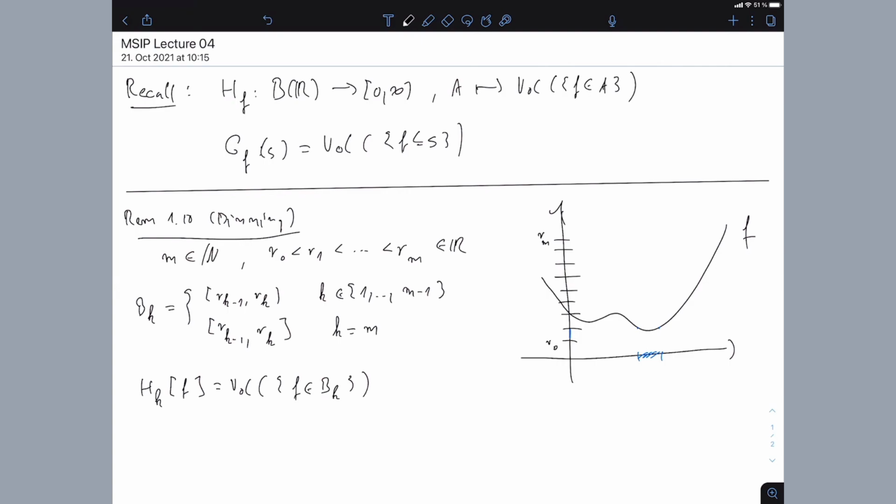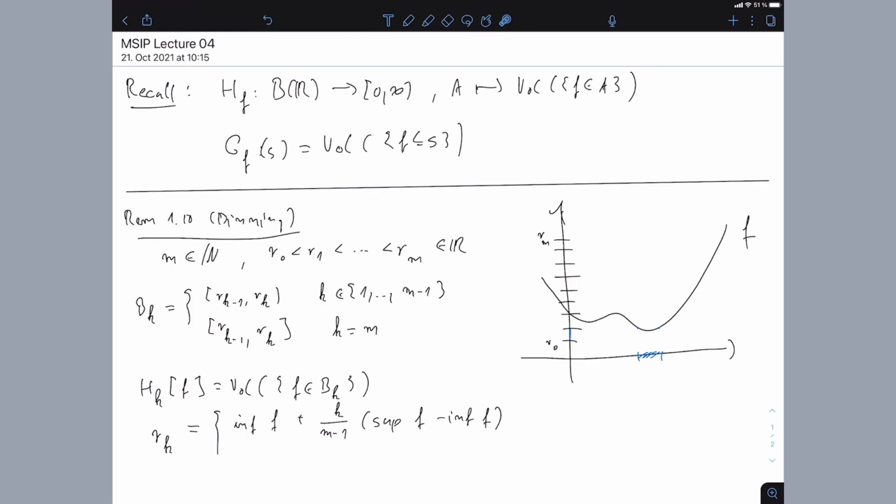Unless you have a specific reason to not distribute them uniformly, you would just distribute them uniformly, starting with the lowest possible value, which is the infimum of our image, and going towards the supremum of the image in evenly distributed chunks.